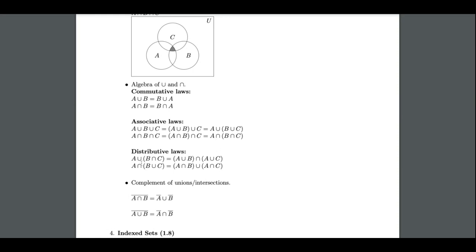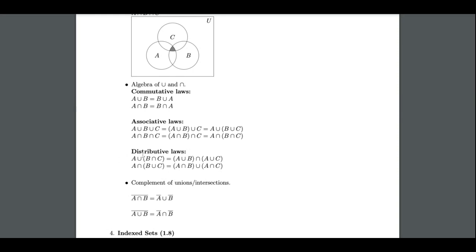Distributive: A union parentheses B intersect C equals A union B, intersect with A union C. And A intersect parentheses B union C equals A intersect B, then union with A intersect C. Parentheses always have higher priority.